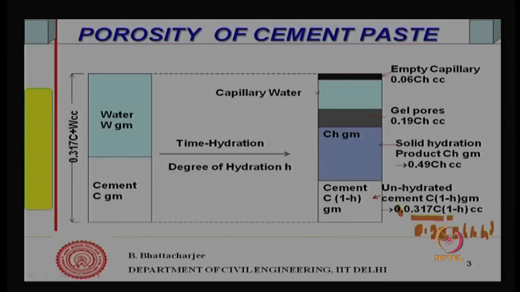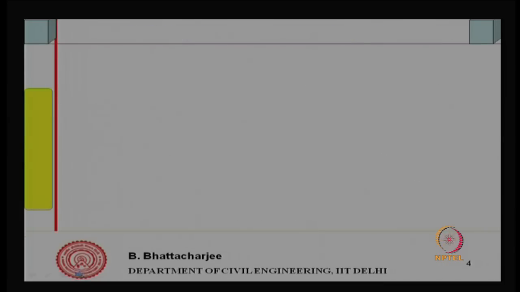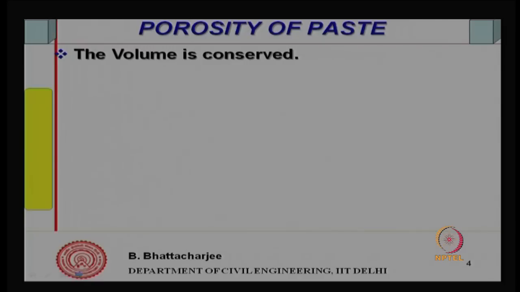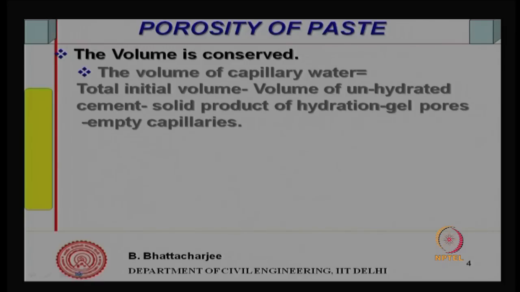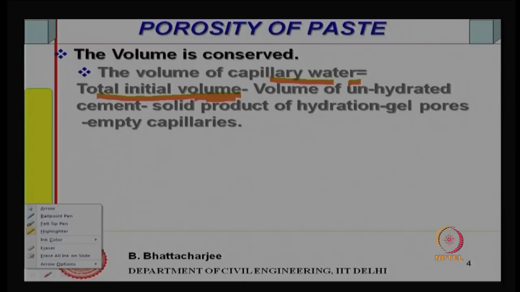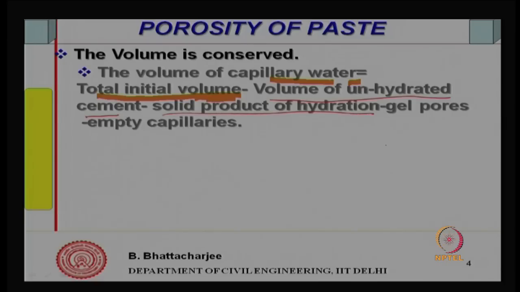On this basis we can calculate the volume of capillaries. Because the total volume is conserved, the volume of capillary water is calculated as the total initial volume minus the volume of unhydrated cement, the solid product of hydration, the gel pores and the empty capillaries.